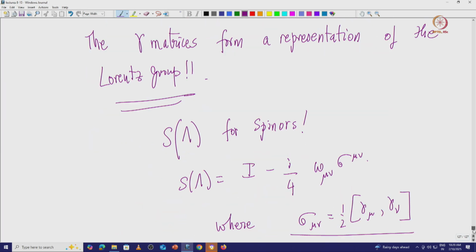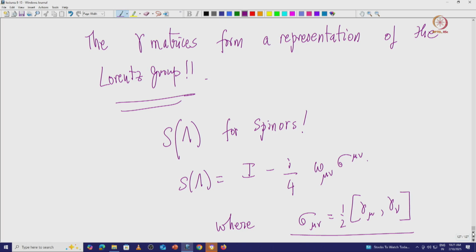So what you are looking at is a representation of the Lorentz group. The Lorentz transformation is not exactly the same way as it transforms. The Dirac wave function doesn't exactly transform like a vector or like a scalar, so it is not so obvious.